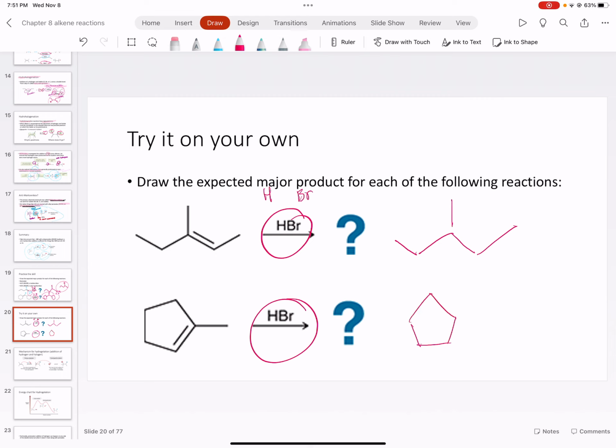Okay, so for the first part, like Alexis said, we can always draw our hydrogens so we feel comfortable with that. If not, we don't eventually need to draw our hydrogens. So I would put my bromine on the most substituted part, which would be this one.